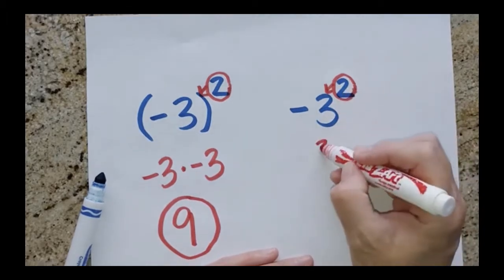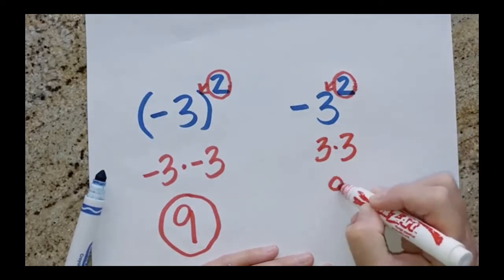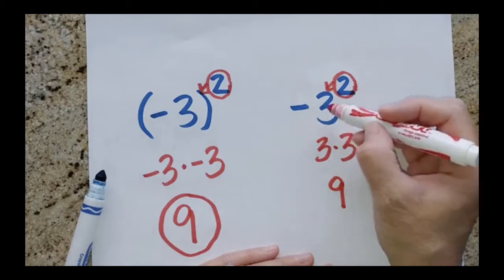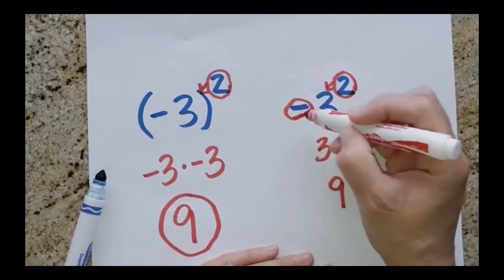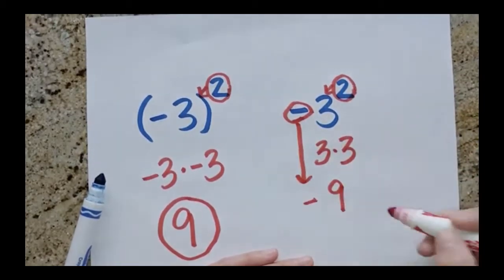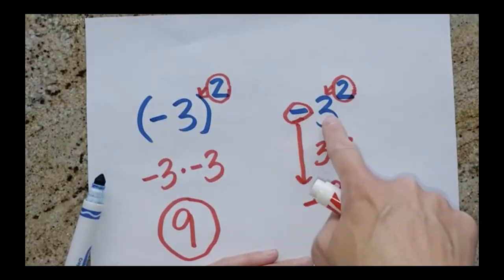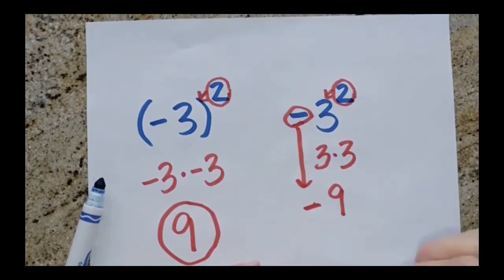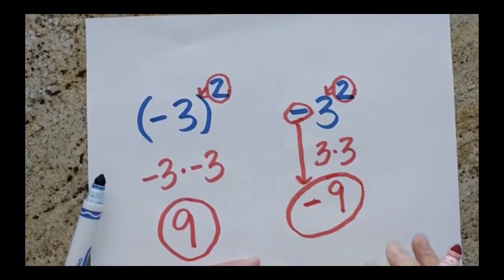And 3 squared means 3 times 3, and of course that's 9. Now, this is the opposite of 3 squared. So if I bring this negative down in my answer, think the opposite of 3 squared. If 3 squared is 9, the opposite of 9 is -9. And that's how these 2 powers are different.